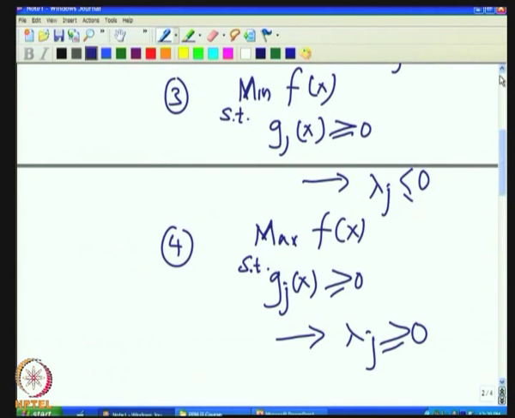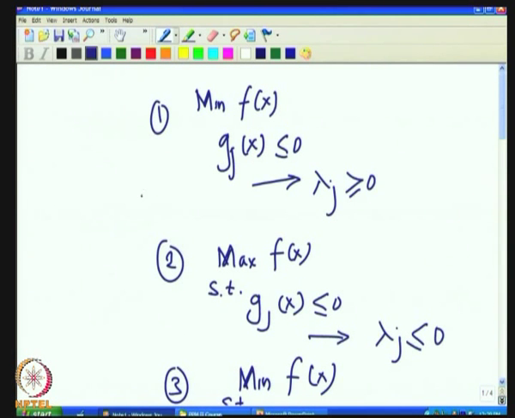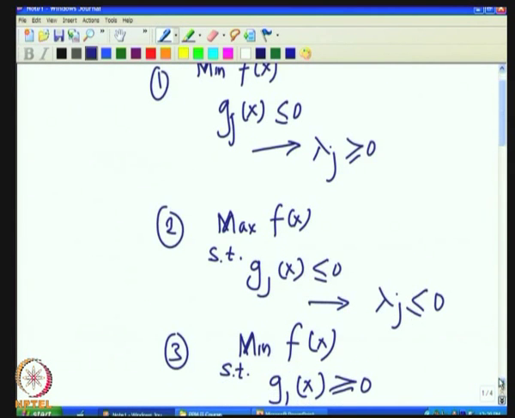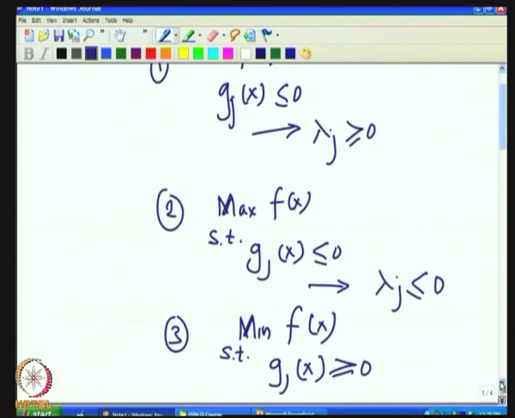So, this will indicate the Kuhn-Tucker conditions for all possible combinations. Objective function minimization, constraints less than or equal to 0, then lambda j's are greater than or equal to 0. Objective function maximization, constraints less than or equal to 0, lambda j's will be negative.